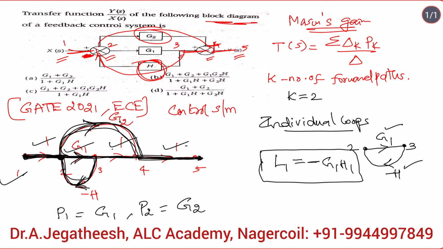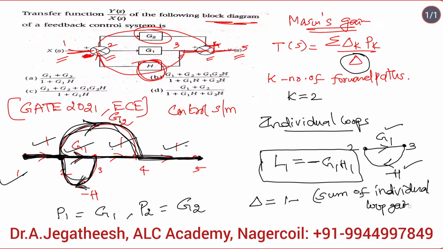Okay, now we are going to find delta. The formula for delta is 1 minus sum of individual loop gains plus sum of gain product of two combinations of non-touching loops minus and so on.